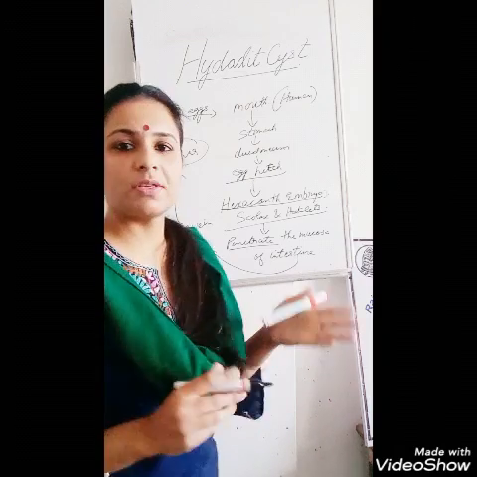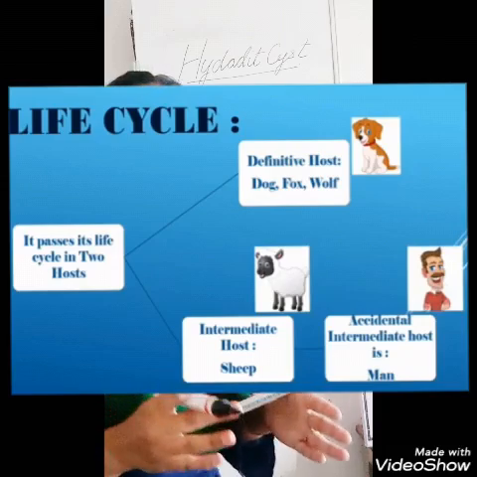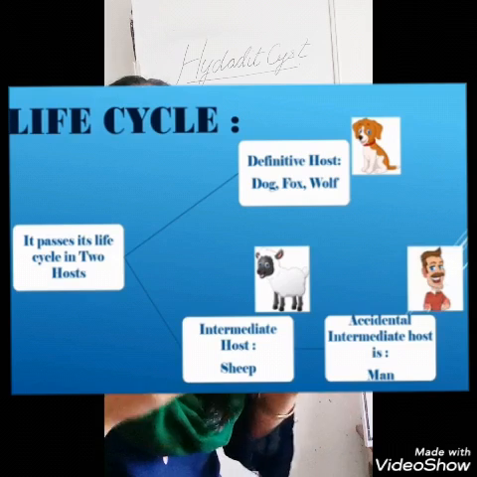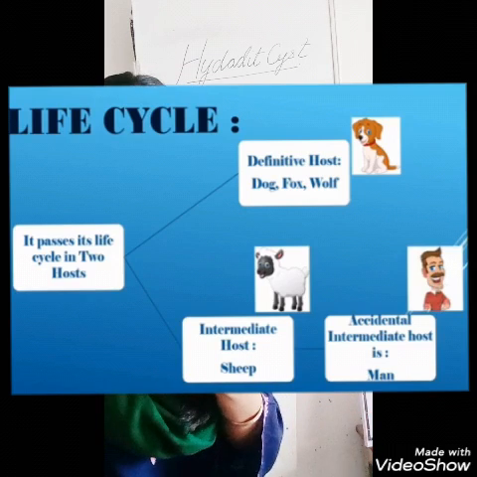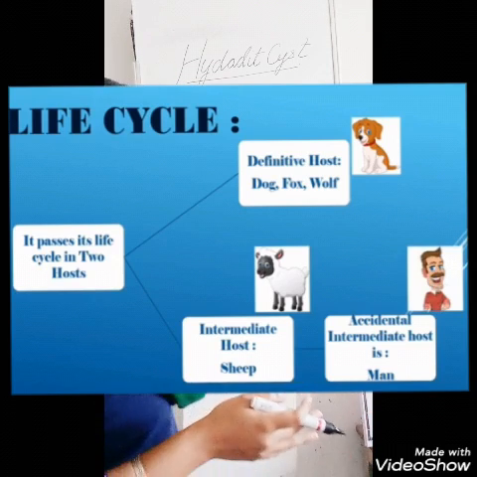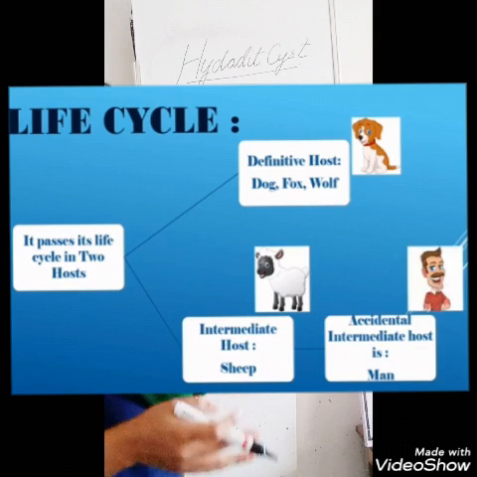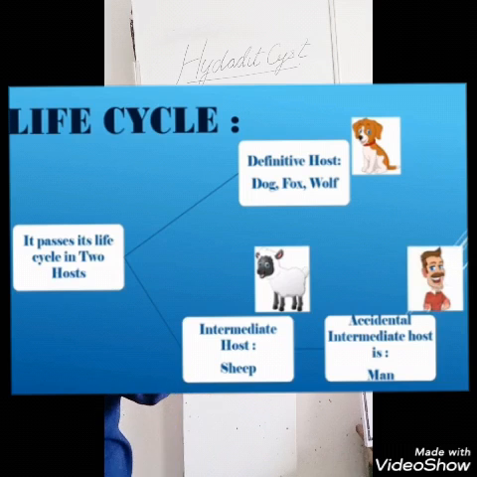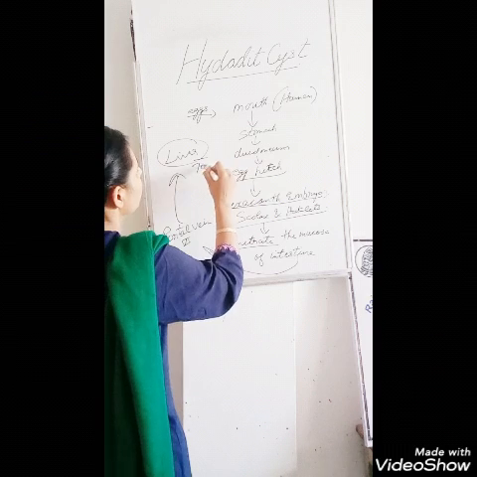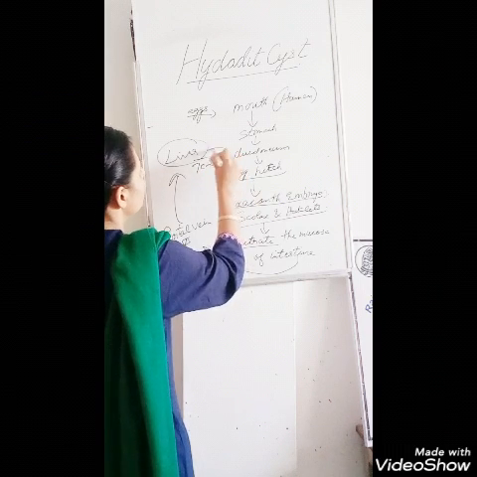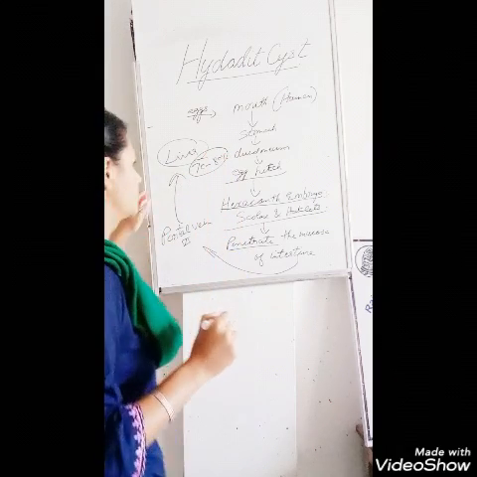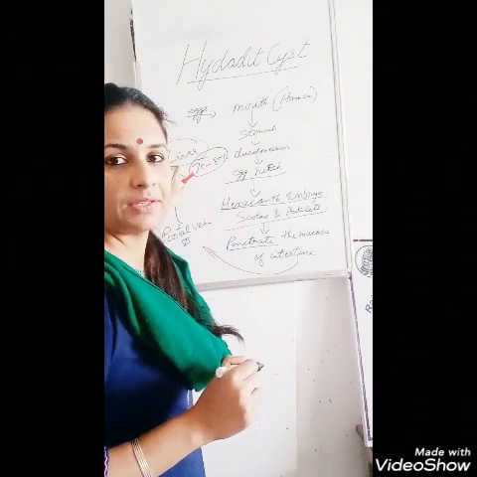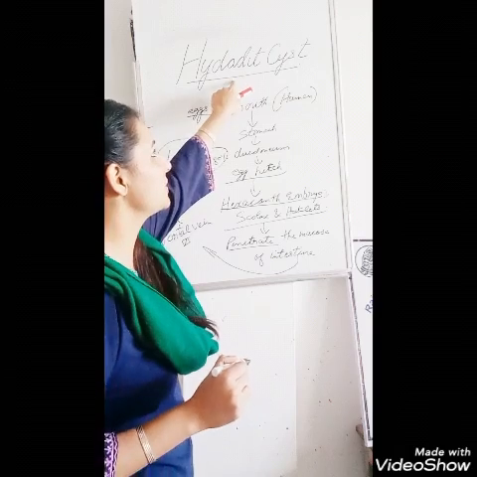This Echinococcus granulosus can enter into the brain also, into the heart, the bones, the kidney. It can travel to different organs, but in 70 to 80% it grows and stays inside the liver and forms hydatid cyst.